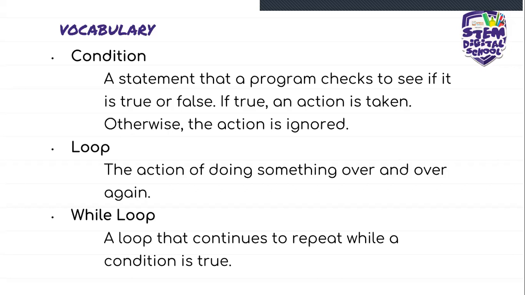A while loop is a loop that continues to repeat while a condition is true. So we don't have to put in a value or a number of times. It will keep going, keep going, keep going until the action that it needs to perform is finished. Okay, so it will keep going right up until it is done.